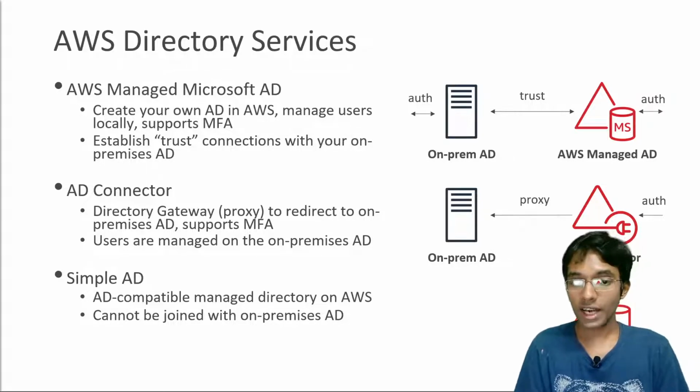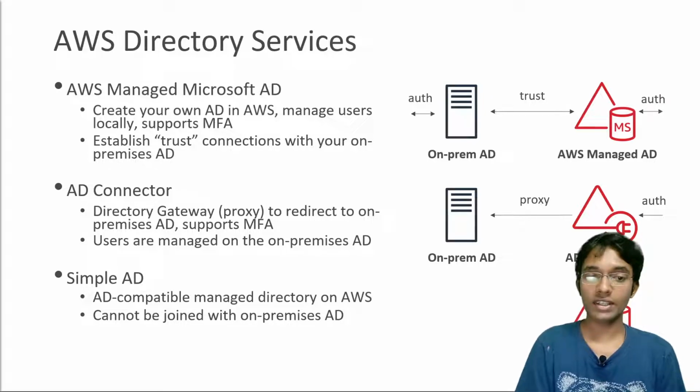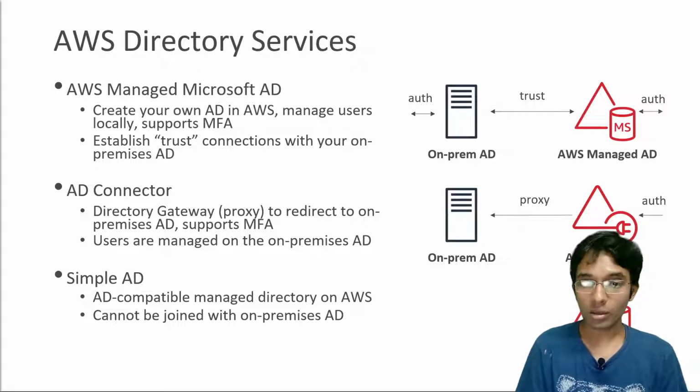You can see that the managed AD is connected to the on-premises AD through a trust, and it supports MFA, and so the users can authenticate on the right-hand side or on the left-hand side. Then we have the AD Connector.